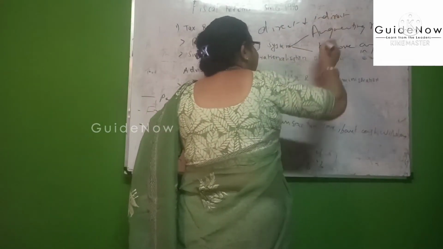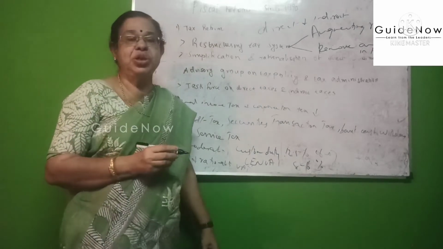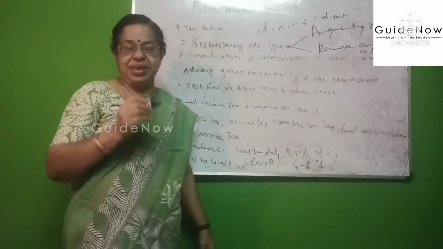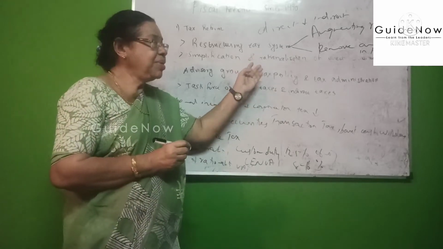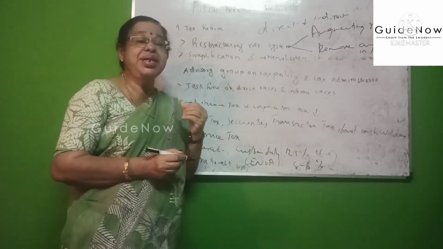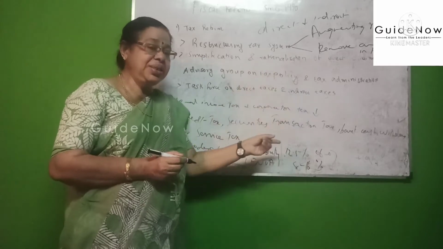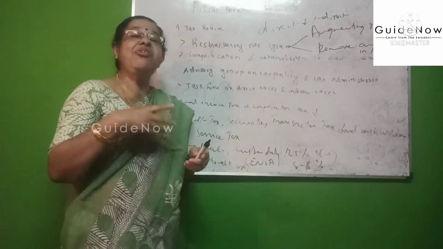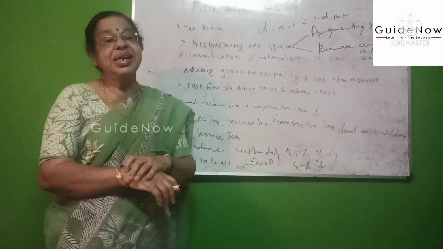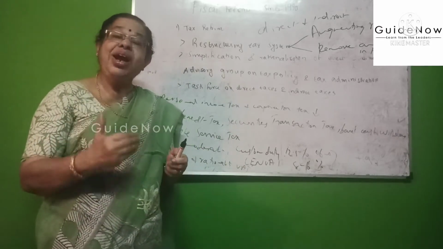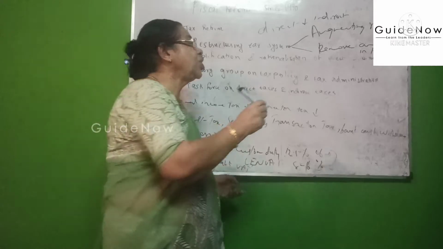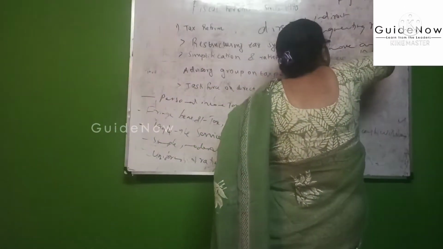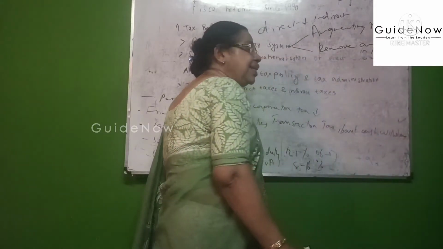Restructuring direct and indirect tax according to the recommendation of the Raja Chellaiah Committee. That is, to augment revenue and to remove the anomalies of the tax structure, they focused on the direct and indirect tax structure according to the recommendations of the Raja Chellaiah Committee.